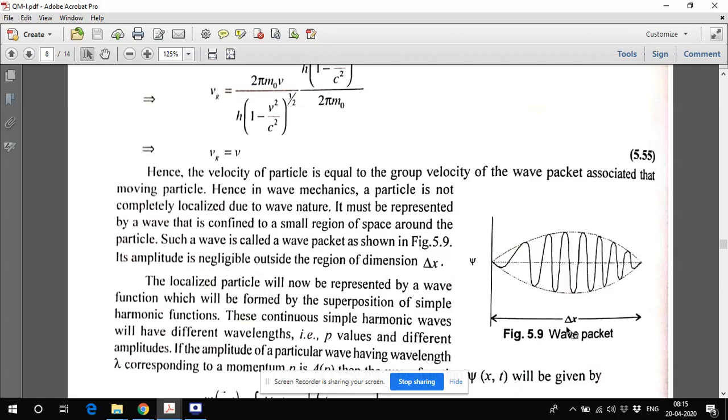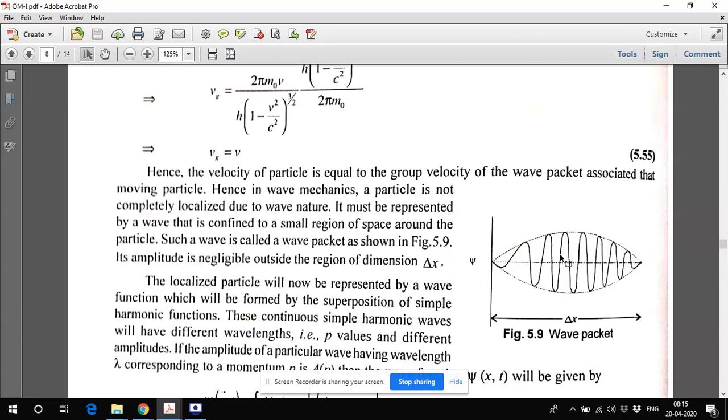So the meaning is very simple: we have a particle. We know that due to matter wave, it should contain a wave associated with it. It should not be a single wave. It should be a group of waves, and that group of waves will result in this kind of envelope. This envelope will provide the situation that it contains the maximum where the particle exists. Once you move towards this side or this side, the wave nature is diminishing.